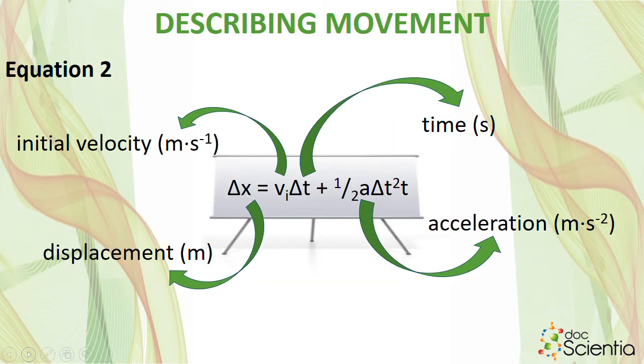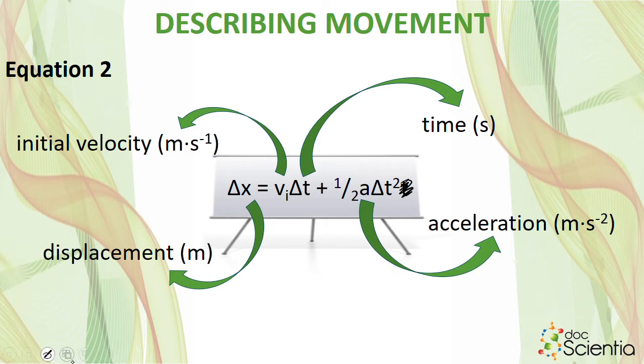Goed. Dit is equation 2. Delta x, which is displacement, is equal to initial velocity times time plus a half times acceleration, t squared. That's wrong, but I think it's right in your books. Hierdie is almal op bladsy 282.